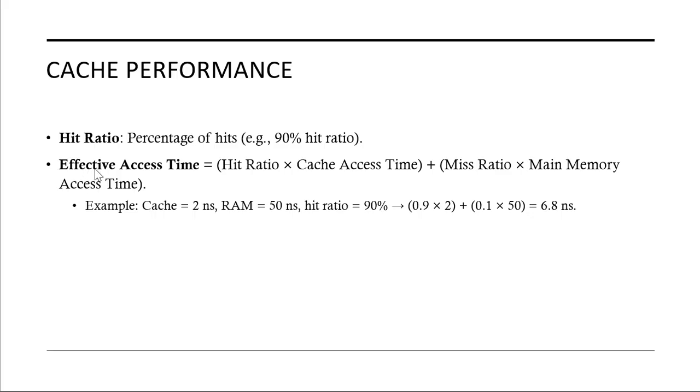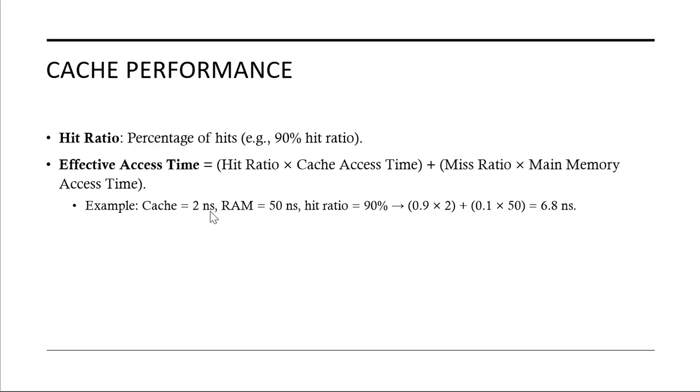So this hit ratio is the percentage of hits, and we have effective access time here too, which is equal to hit ratio times cache access time, all in brackets, plus miss ratio times main memory access time. So we have an example here. They gave us the cache time to be 2 nanoseconds.